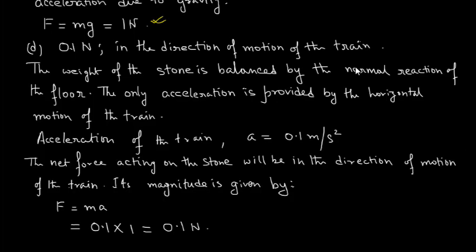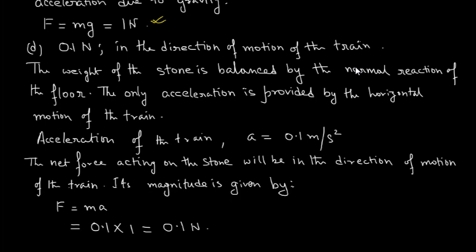Part D. 0.1 Newton is the answer, and the direction is the direction of motion of the train. The weight of the stone is balanced by the normal reaction of the floor. The only acceleration is provided by the horizontal motion of the train.